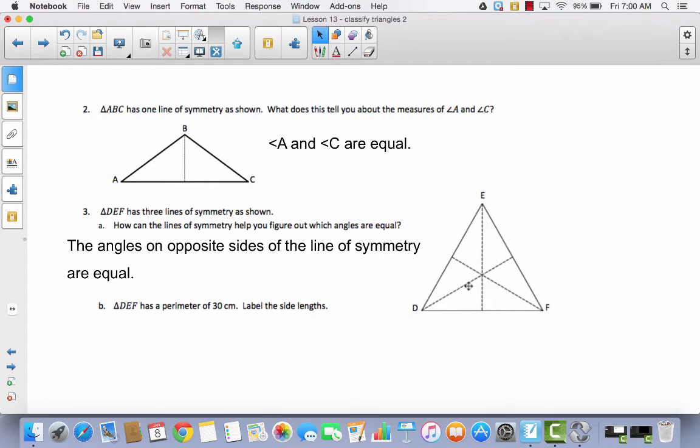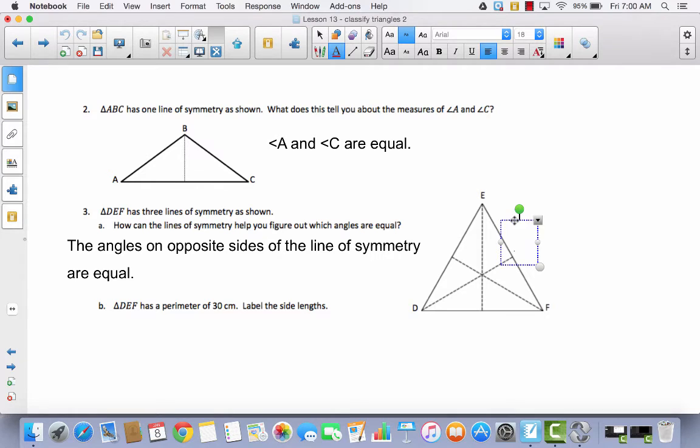So if all of these angles are equal, that tells me that all of these sides are also equal. So if the perimeter is 30 centimeters, then each of these sides have to be the same. So think about that for a minute. If it's all together they equal 30, each side must equal 10 centimeters. So go ahead and label each side 10 centimeters.